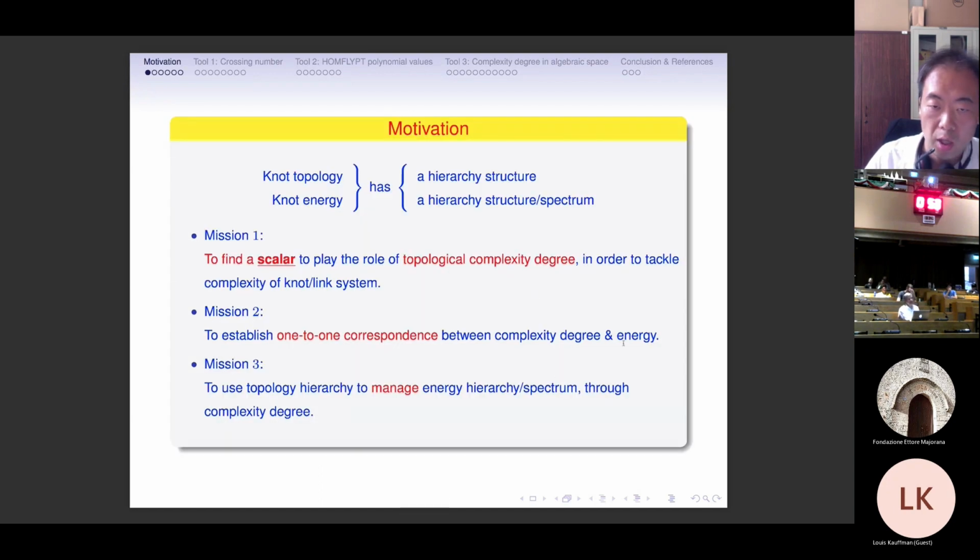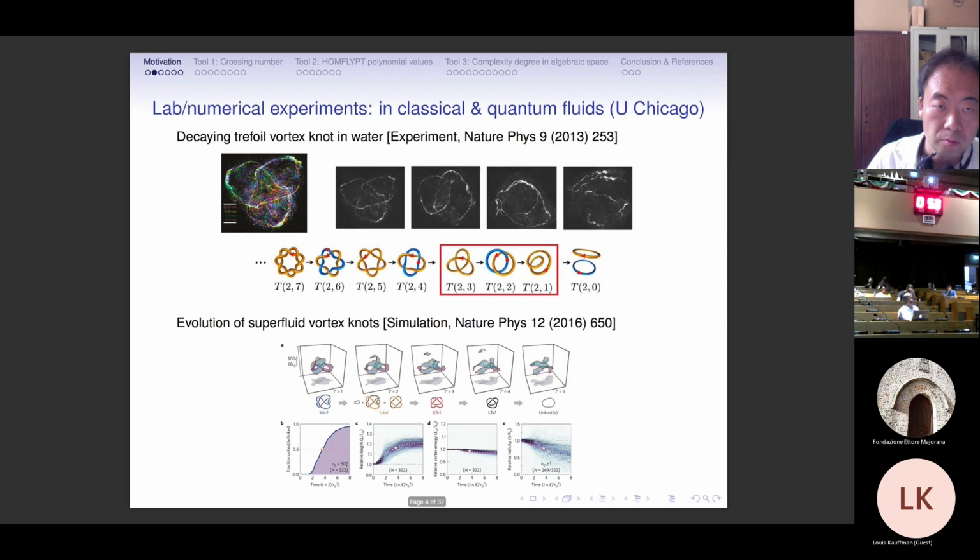Okay, motivation. This is the scheme of this motivation, and I will give you details below. Let's start from laboratory and numerical experiments in classical and quantum fluids. This material comes from the work of William Irvine's group in Chicago.